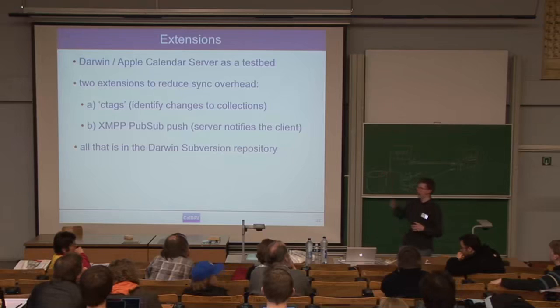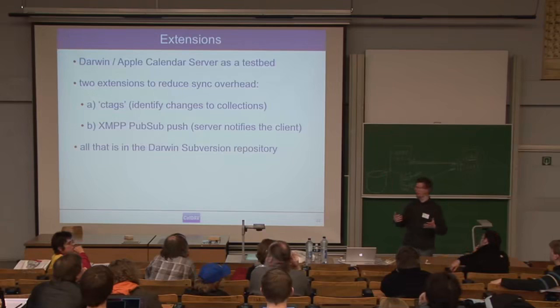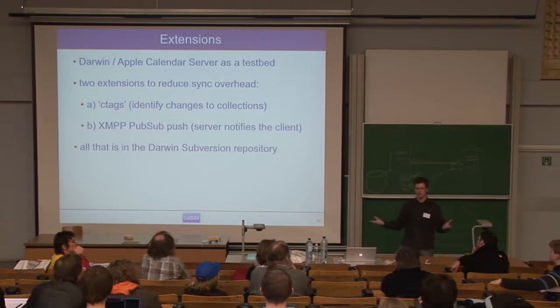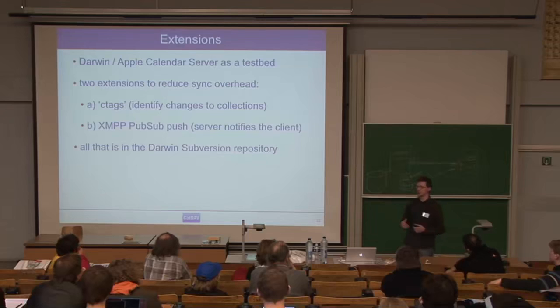So the client can check the CTag, and only if it changed, it does a full PROPFIND. The nice thing is, again, if you write a calendaring client, you can check for the CTag, and if it doesn't work, you can still do the regular PROPFIND. So it's very easy to fall back to basic functionality if that's necessary.